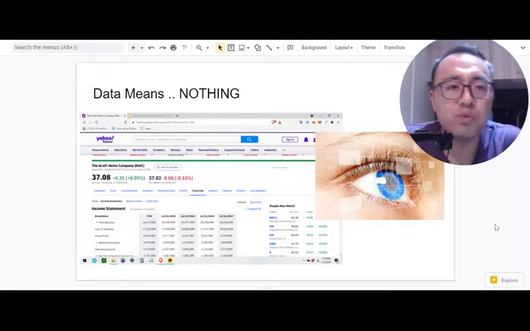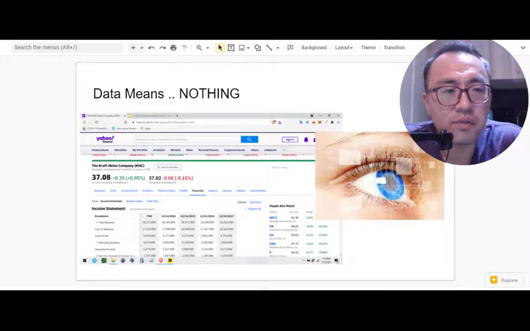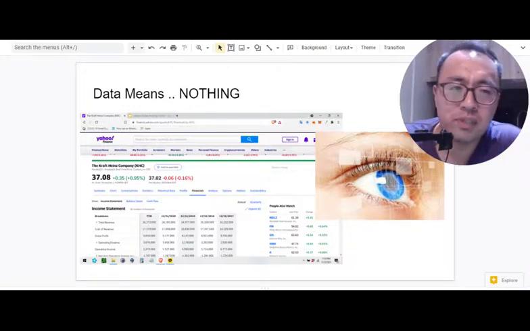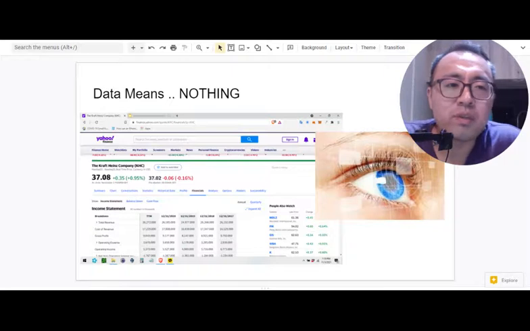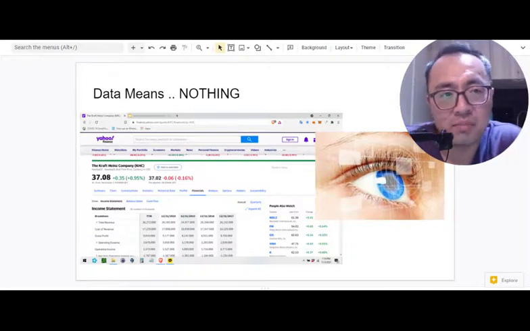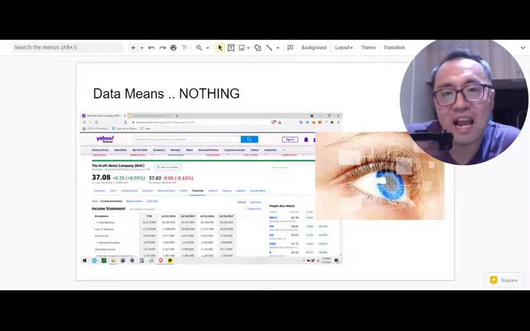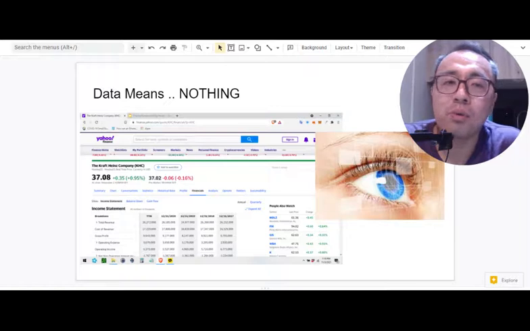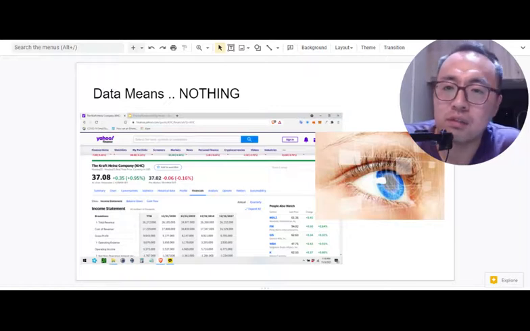If you ever watch Warren Buffett or any of these investor guys in interviews, they'll tell you what they're doing, right? And they don't necessarily tell you exactly the methods and strategy, the tactics that they employ. But one of the things that they look at, probably the most important thing they look at, is actually trends, right? So the data means nothing.